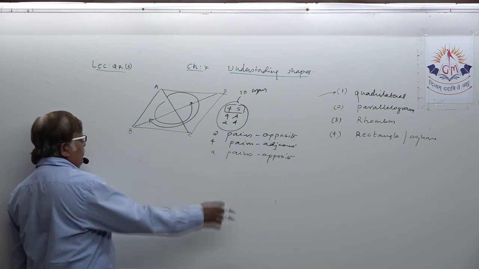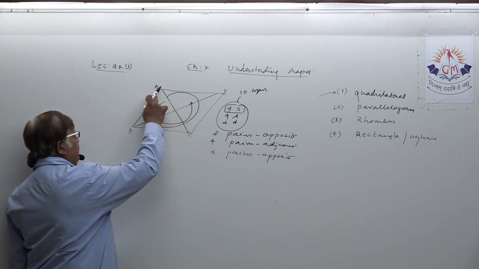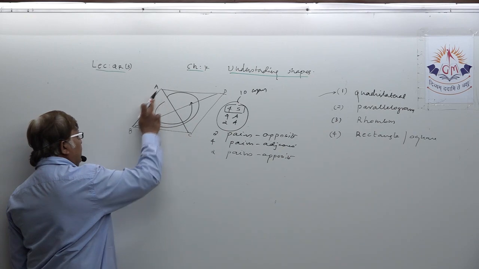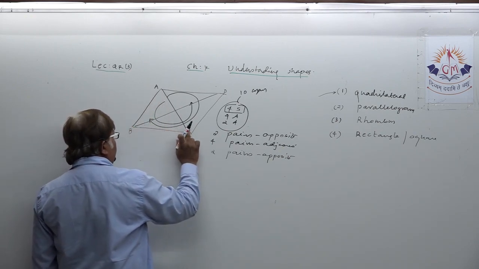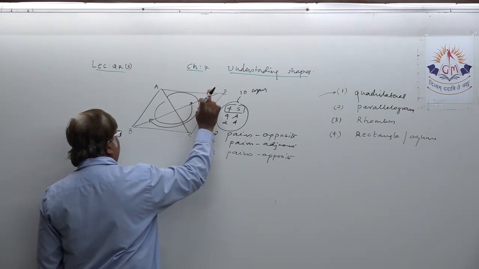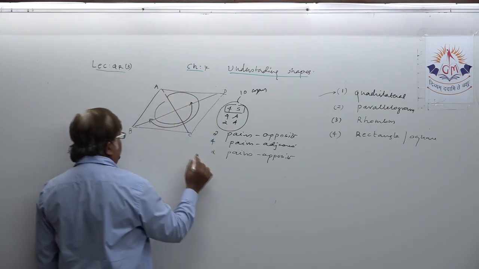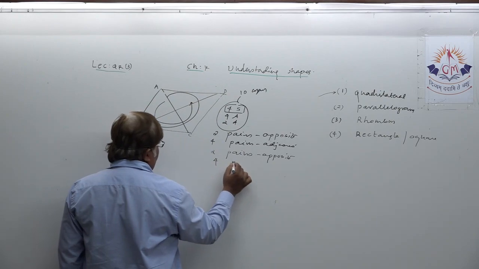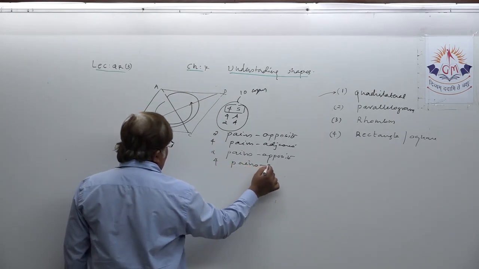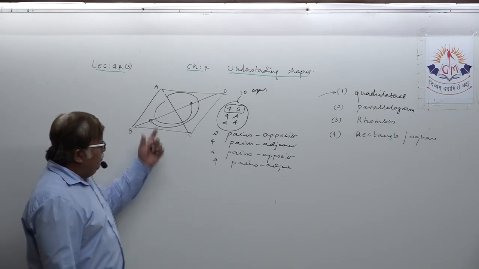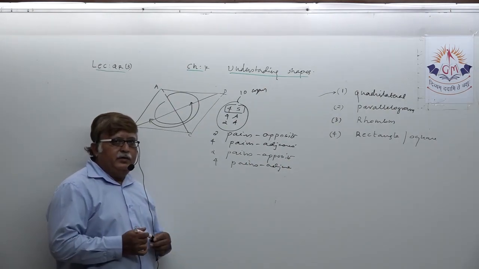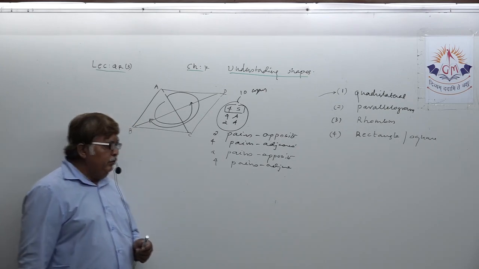How many pairs of adjacent angles? The first I am speaking: angle A and angle B, angle B and angle C, angle C and angle D, angle D and angle A. So, four pairs of adjacent angles. Okay. So, one pair of diagonals, that is the universal truth, you know.